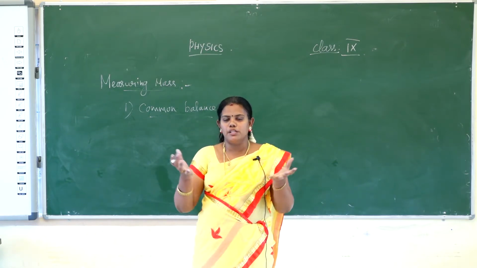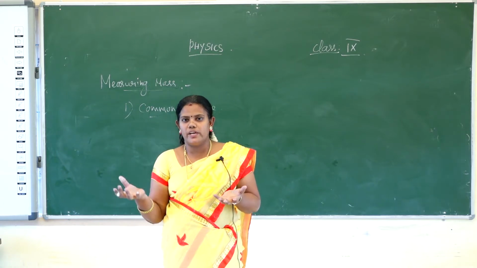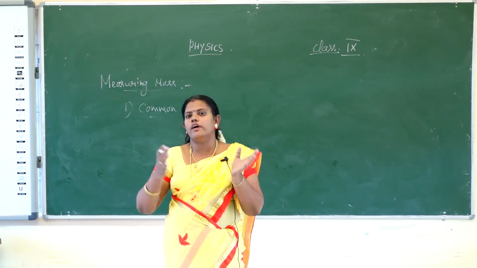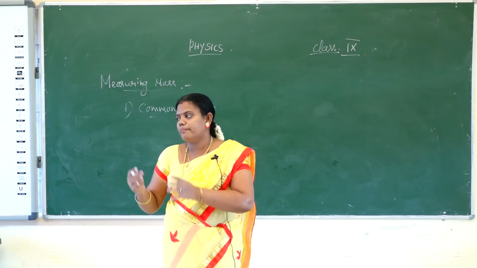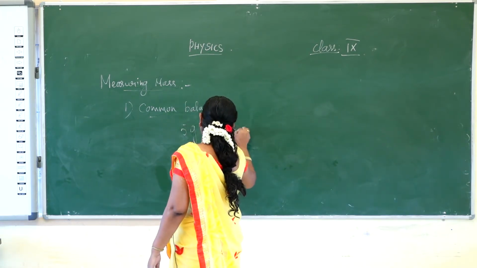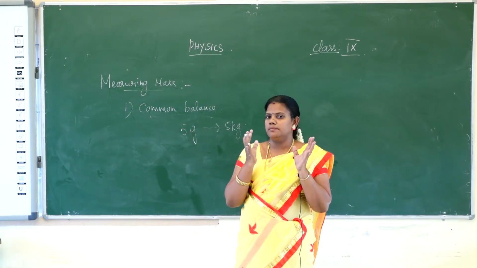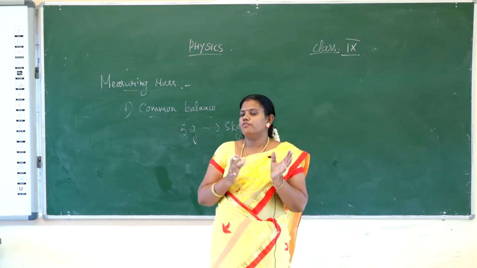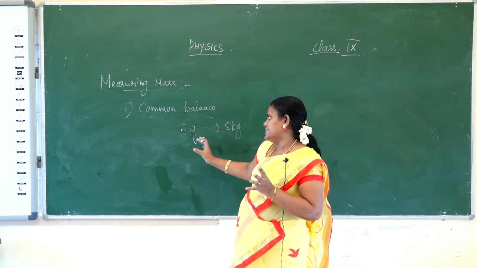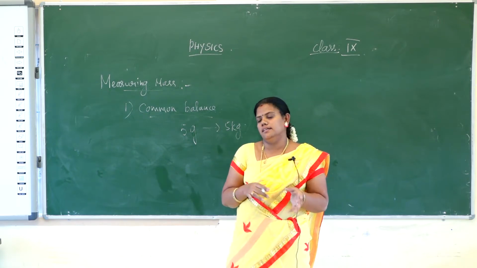A common balance has 2 plates, one plate holding the item and the other holding some weights. It can easily measure from 5 gram to 5 kilogram. The common balance was mostly used in earlier days.